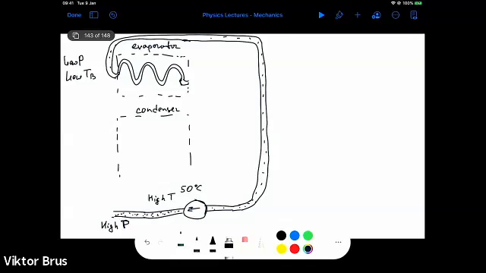Then this high pressure vapor at 50 degrees Celsius goes to the condenser. Condenser is such a grid, you may notice it, such metal grid behind your refrigerators, which stays always warmish.